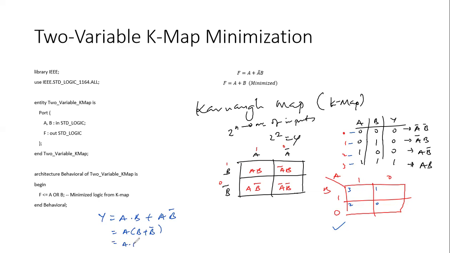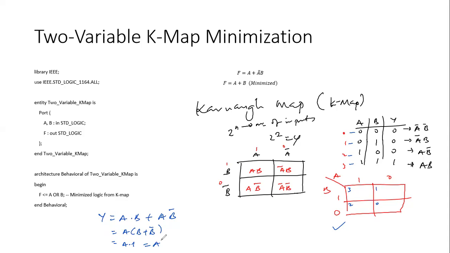So this would be a dot 1. Then y will be the same as a, right?